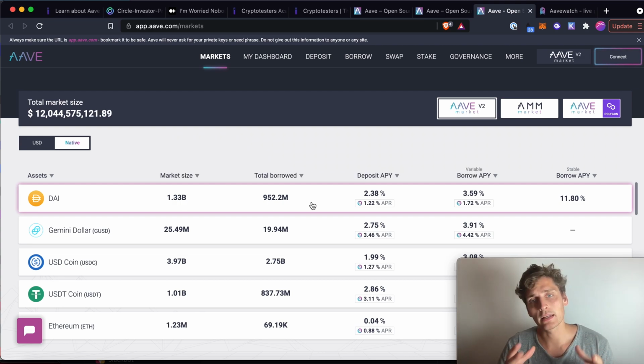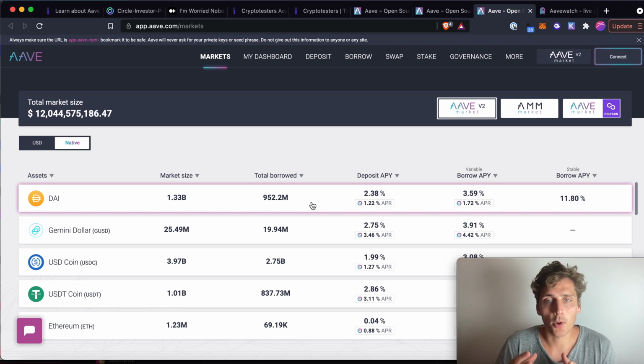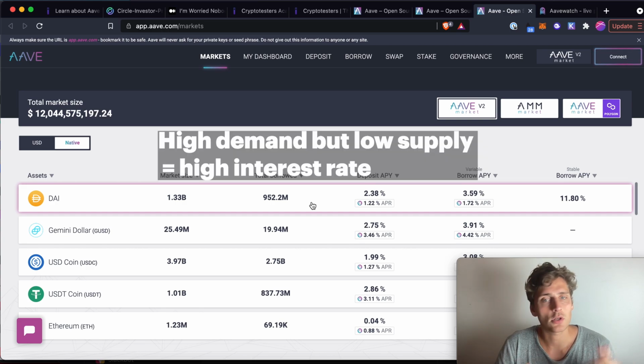And so the interest rate is determined algorithmically by some smart contract, and it will automatically go down. Inversely, if a lot of people want to borrow some funds, but there's not a lot of supply, then the interest rate rises. So it's completely based on supply and demand by market forces.